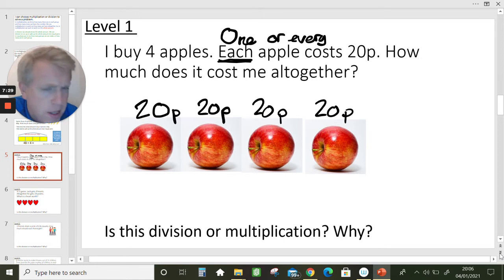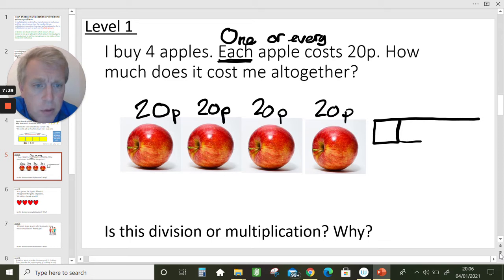Hold on, if I drew it as a bar model, how would it look? Well, it'd look a little bit the same. I know I need to now draw 4 boxes for 4 apples. 2, 3, 4. But I know that inside each box, each apple is 20 pence.